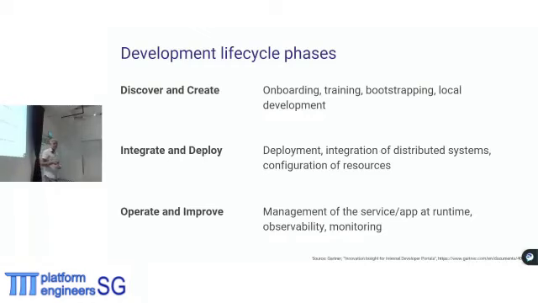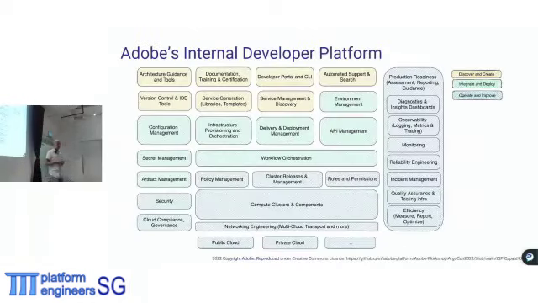Now, this chart here is from Adobe, talking about how they have constructed their internal developer platform, and it's color-coded according to those 3 phases that Gartner outlined: discover and create, integrate and deploy, and operate and improve.